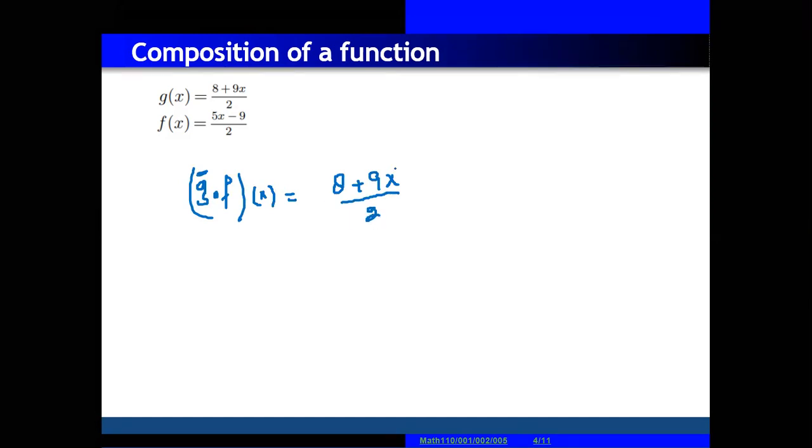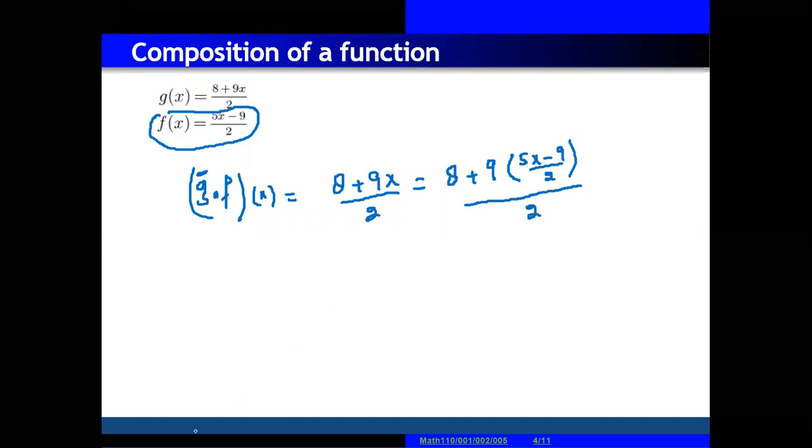Then replace x by the f function. We know that f function is 5x minus 9 divided by 2. So we have 8 plus 9 times (5x minus 9 divided by 2), and the whole divided by 2.